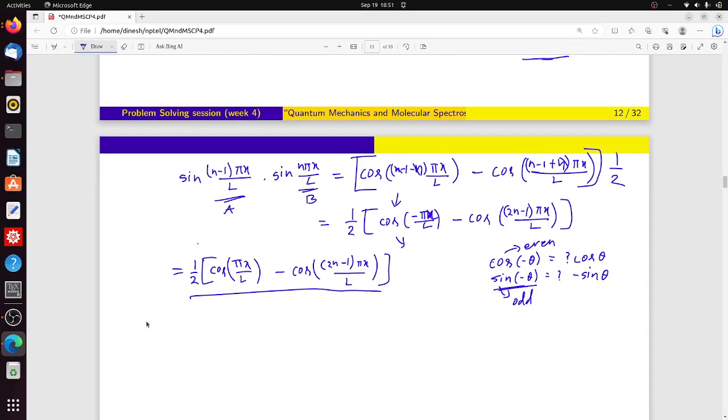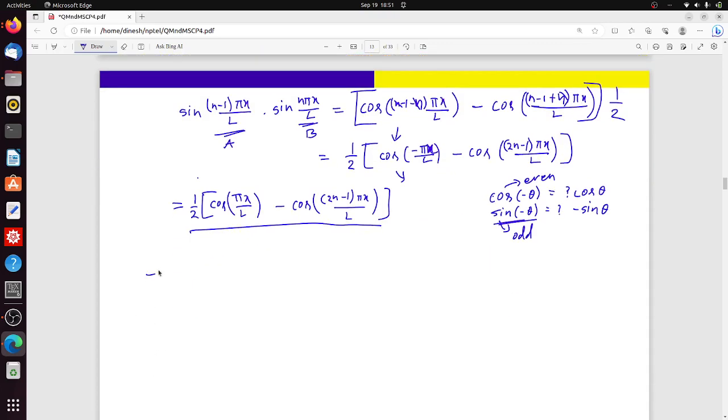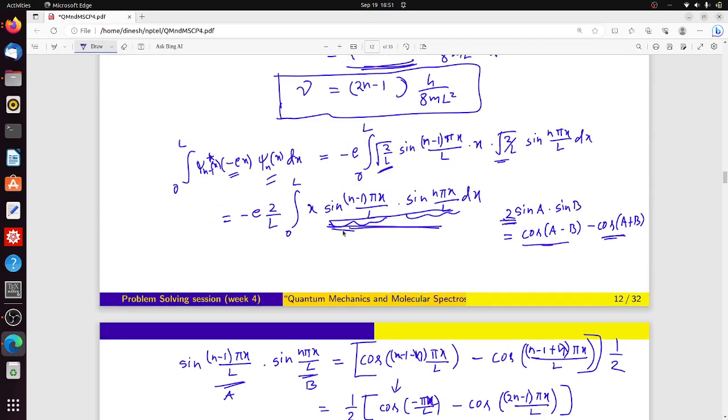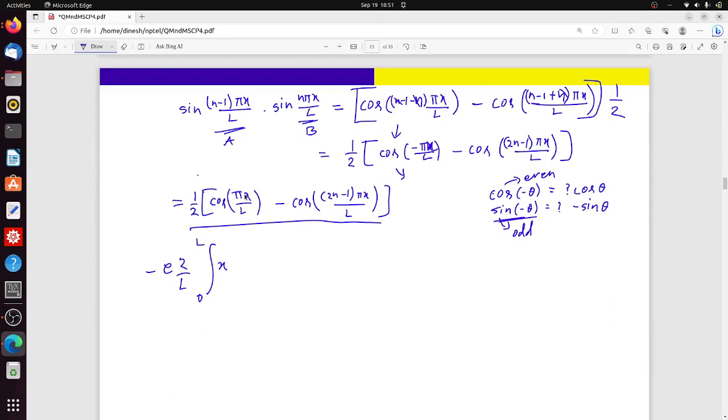So in this integral we had minus e 2 over L, integration from 0 to L, x times this multiplication of sin A into sin B. So we rewrote those sin A into sin B as cos terms. So effectively we'll have half of this term.